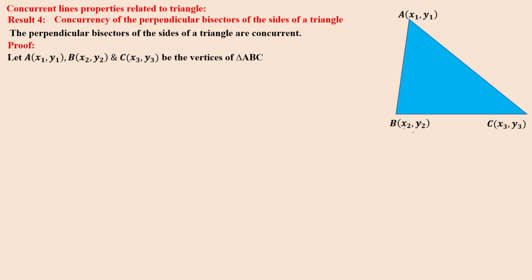Note that point. The altitude is the line from one vertex to the opposite side which is perpendicular to the opposite side, right?